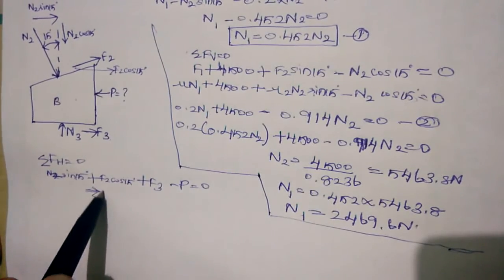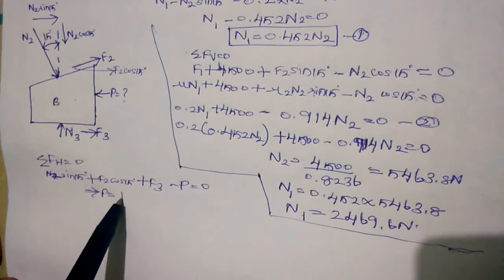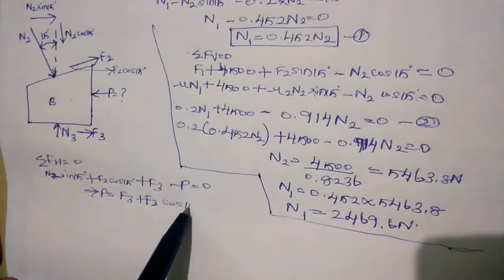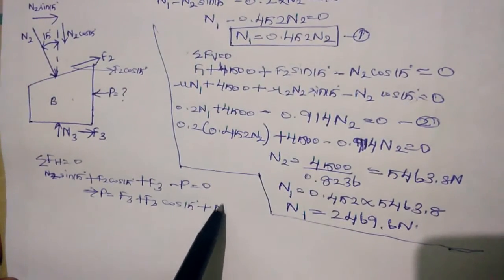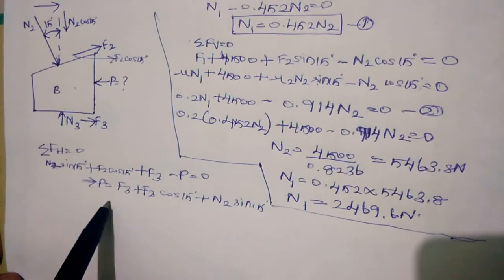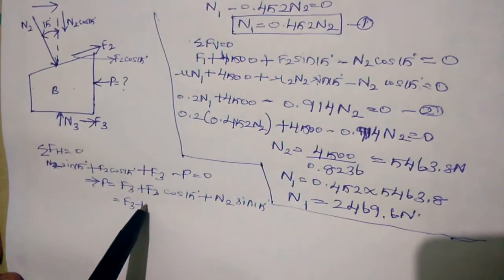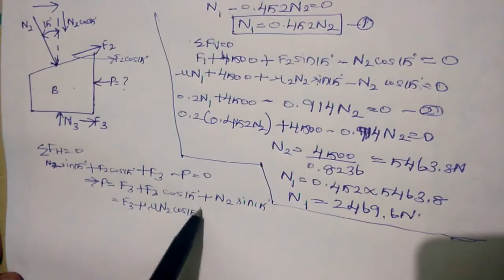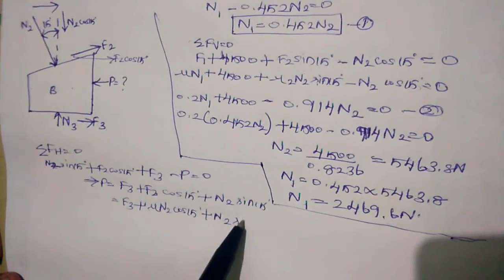This implies P is equal to F3 plus F2 cos 15 degree plus N2 sin 15 degree, which is equal to F3 plus, F2 can be written as mu into N2 cos 15 degree, plus N2 sin 15 degree.